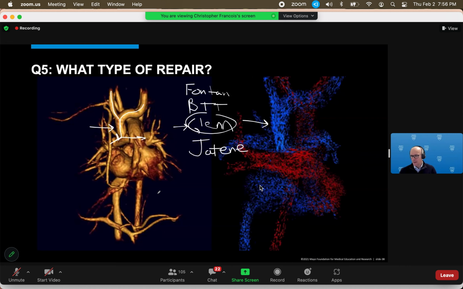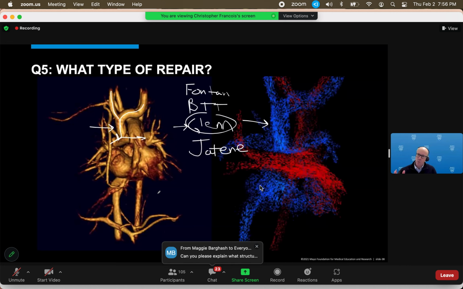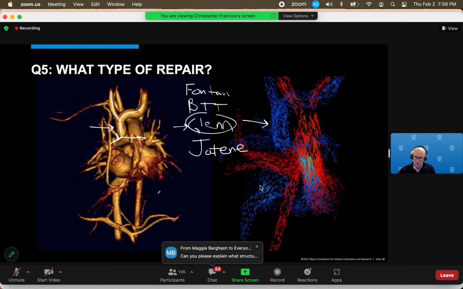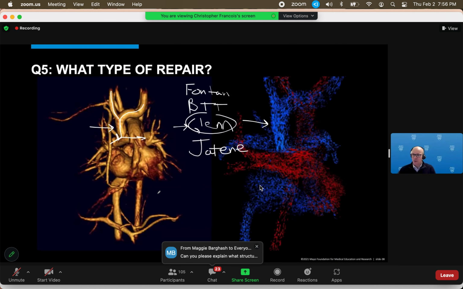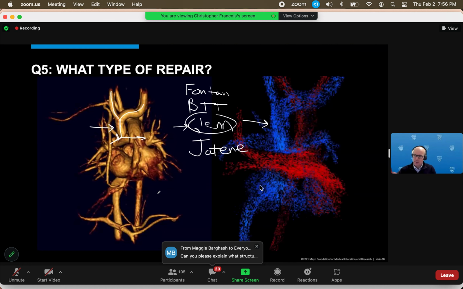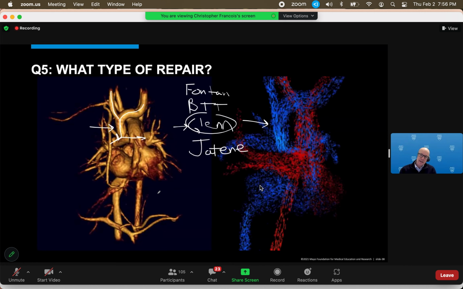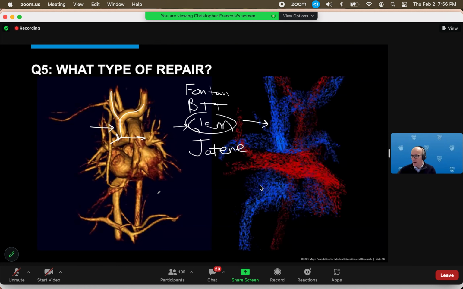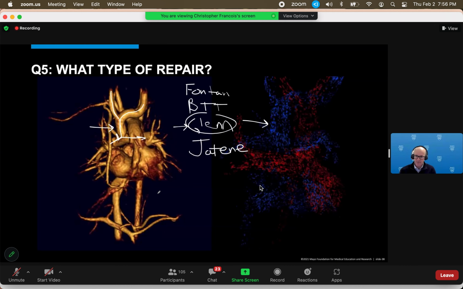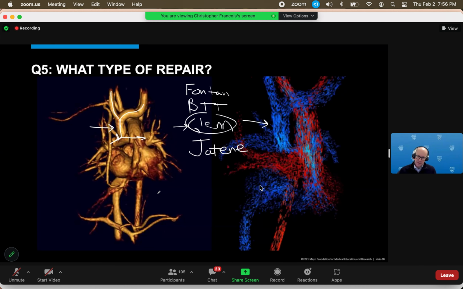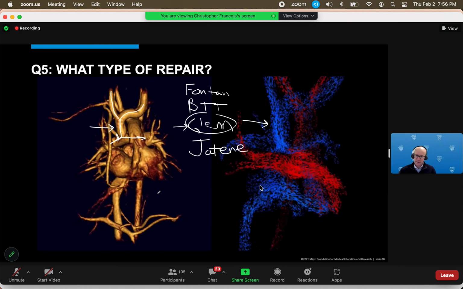And so when you have one ventricle or one good ventricle, then that ventricle has to be the pumping out to the aorta. And so we need to come up with a way to surgically divert blood from the systemic veins to the pulmonary arteries.